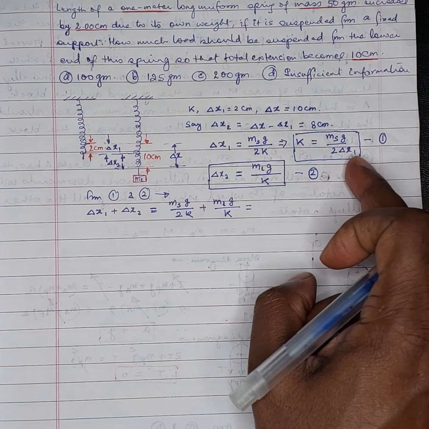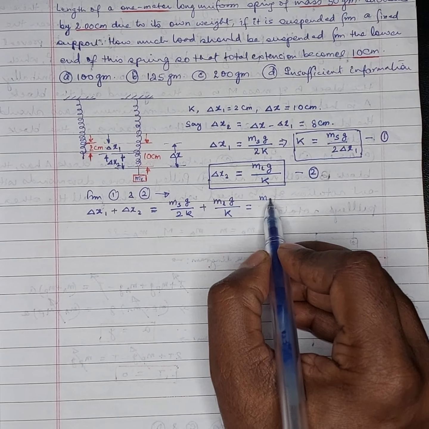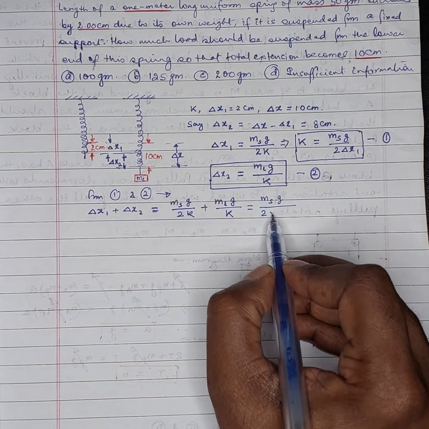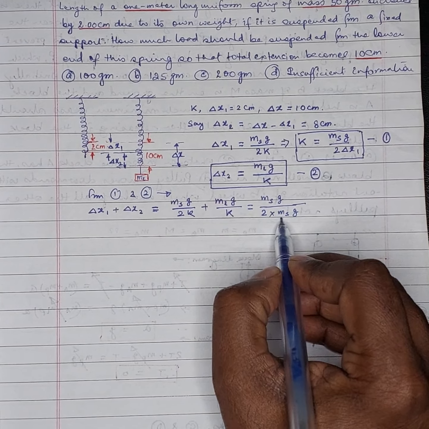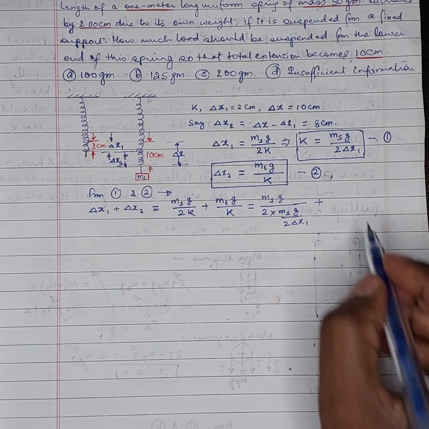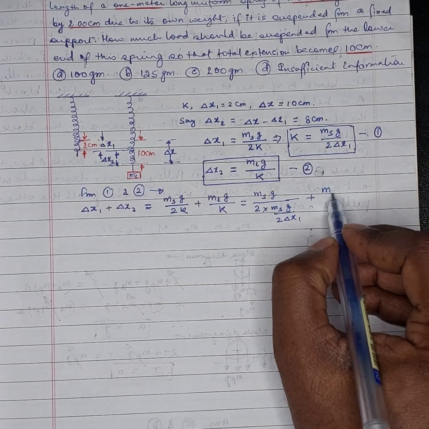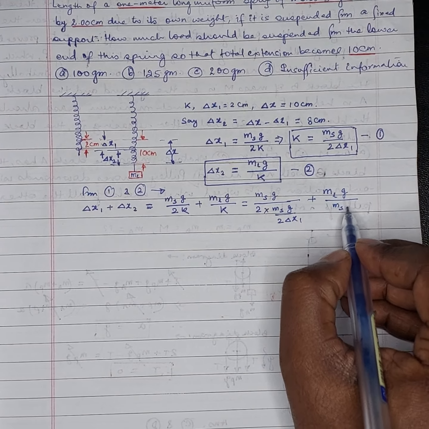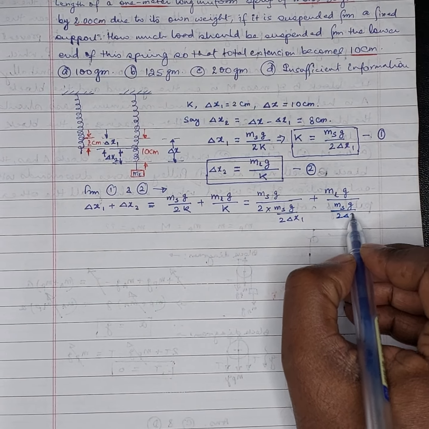You can use the k expression from equation number 1. So m_s g divided by 2k will become m_s g divided by 2 into delta x1, and m_l g divided by m_s g by 2 delta x1.